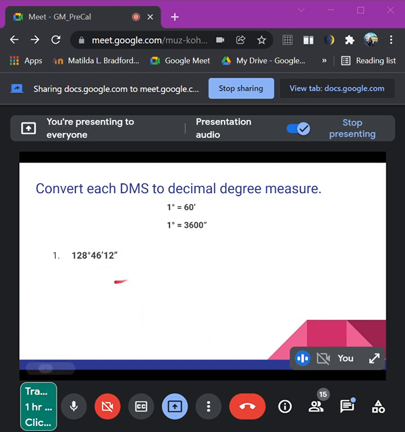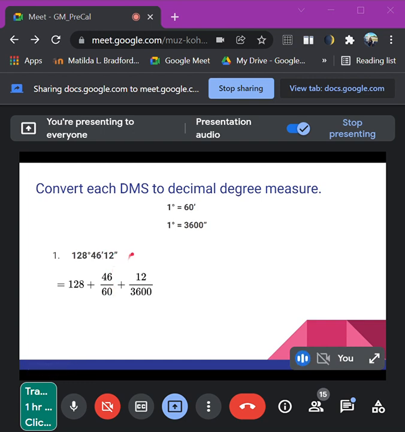So what we're going to do is change it all into degree form. You have there 128, since it is already degrees. And then the minutes will be over 60, because 1 degree is equal to 60 minutes. So you have there 46 over 60.